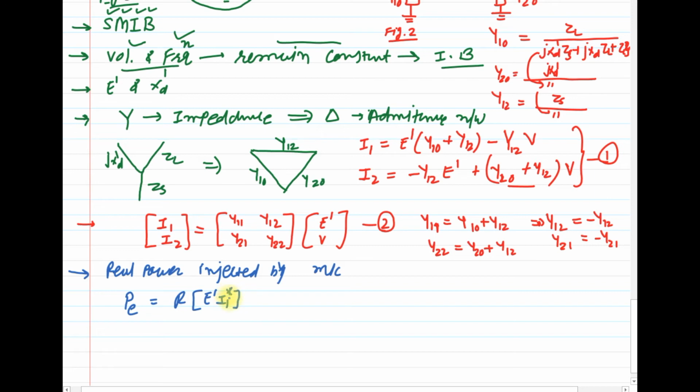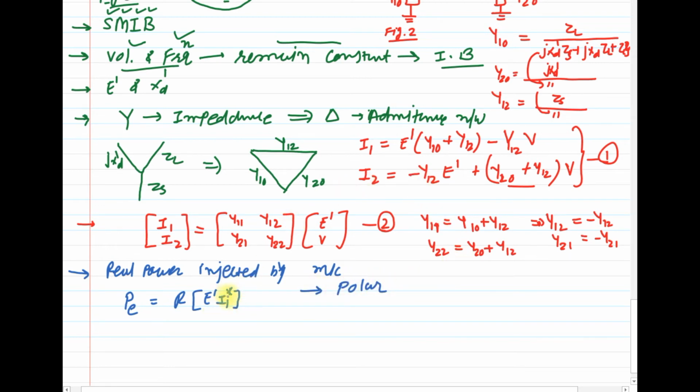And you all know why we consider the star here. Clear? If you are still not able to know, then try to find it out by yourself. Clear? So just consider the voltage, current and admittance in polar form.